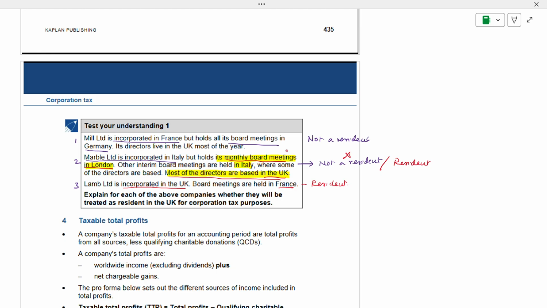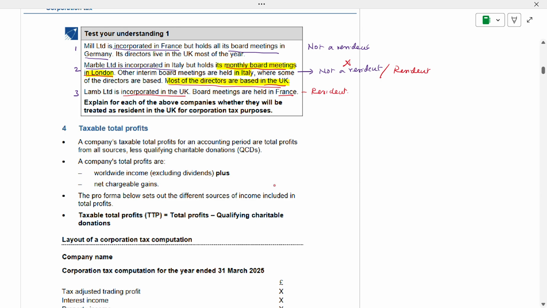If it is incorporated in the UK, it is a UK based company. A simple understanding: you are incorporated in the UK and you are paying tax in France? Is it possible? No, sir. You will not get the tax number also. The moment you incorporate a company, you will get the tax number. Are you clear about this? That is the second part.